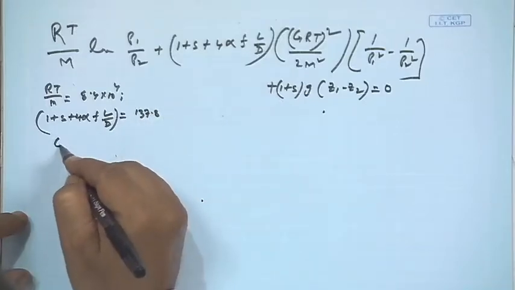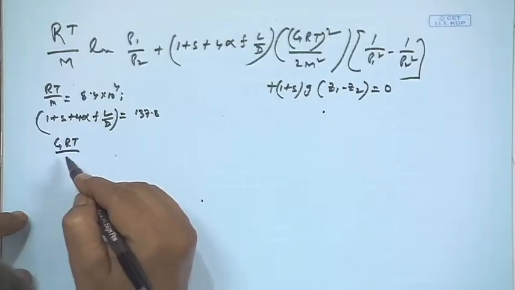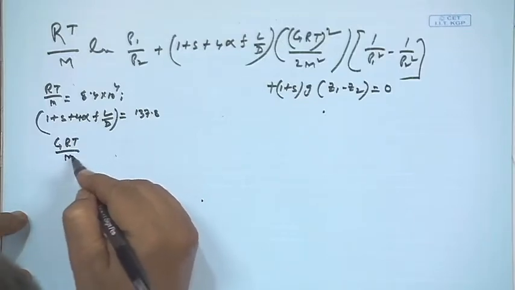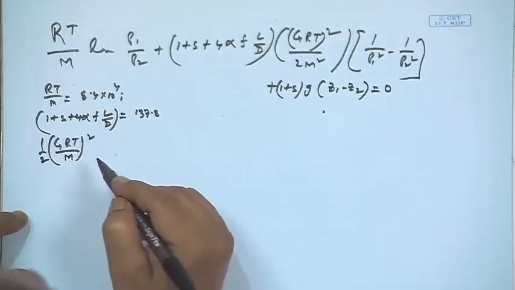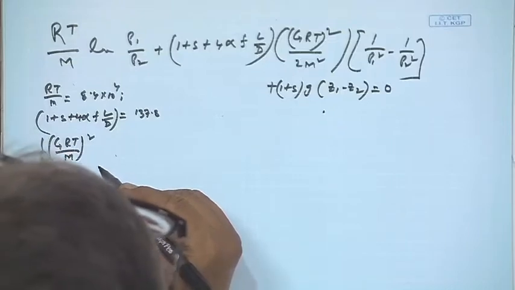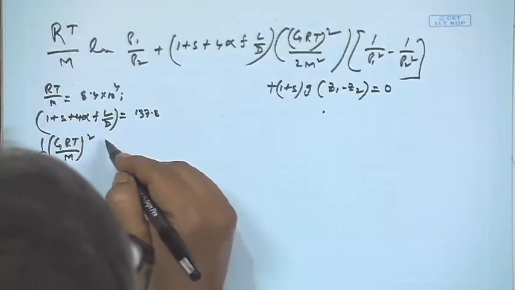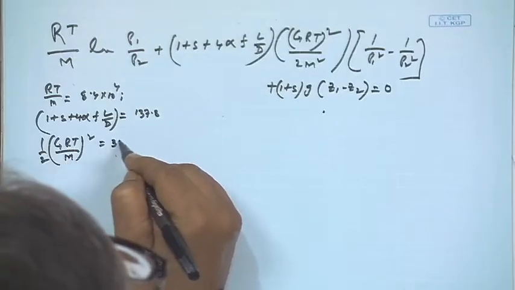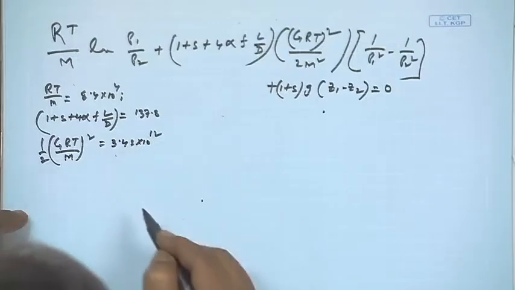We also found out G R T by M square, half of that, is equal to 3.48 into 10 to the power 12.